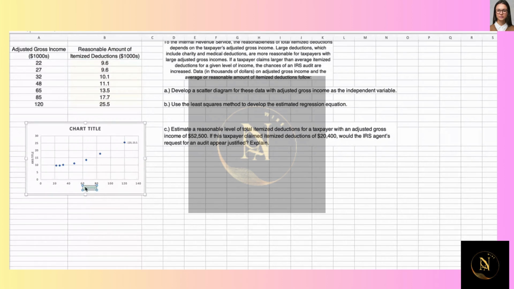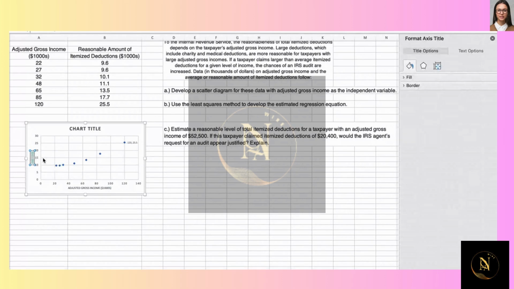For my axes titles, this one is called adjusted gross income, and this is in thousands of dollars. And then for the other axis, the reasonable amount of itemized deductions, and this is in the thousands.